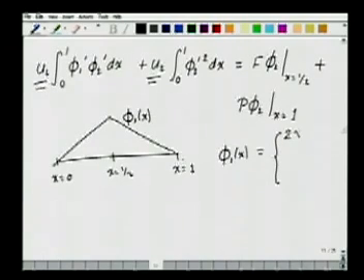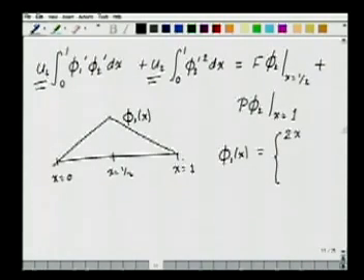if I make it 2x, then you see that it satisfies this condition: at x equal to half it is 1, at x equal to 0 it is 0. Now in this region it is equal to 1 here, and 0 at the point x equal to 1.